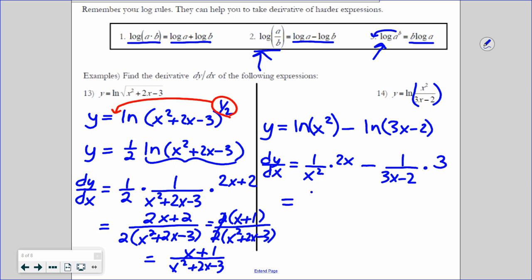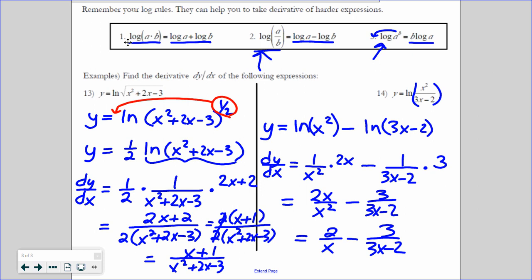Multiply straight across, we get 2x over x squared minus 3 over 3x minus 2. And then just a little simplifying, 2x over x squared simplifies to just 2 over x, minus 3 over 3x minus 2. I'd probably just stop right there because to go further, we'd have to find a common denominator, all that good stuff. So we're just going to stop right there.